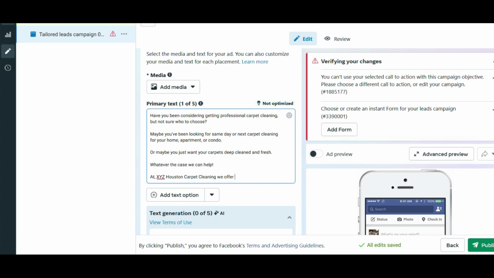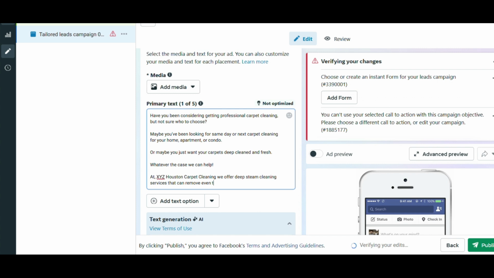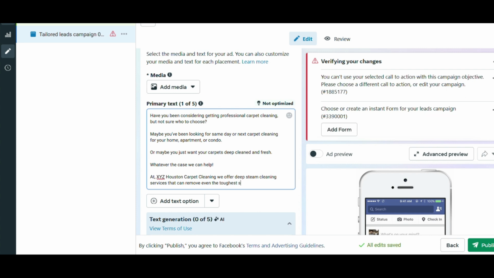So this is where you want to put those components in, right? So you offer, let's say you do offer professional, let me take professional. Actually, we offer deep steam cleaning services that can remove even the toughest stains and odors.